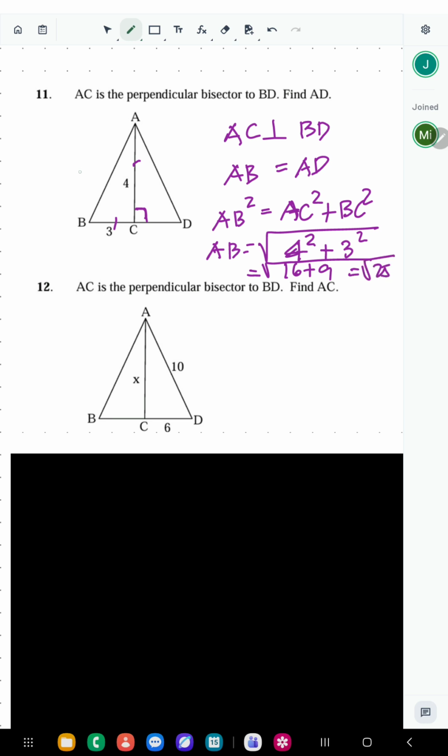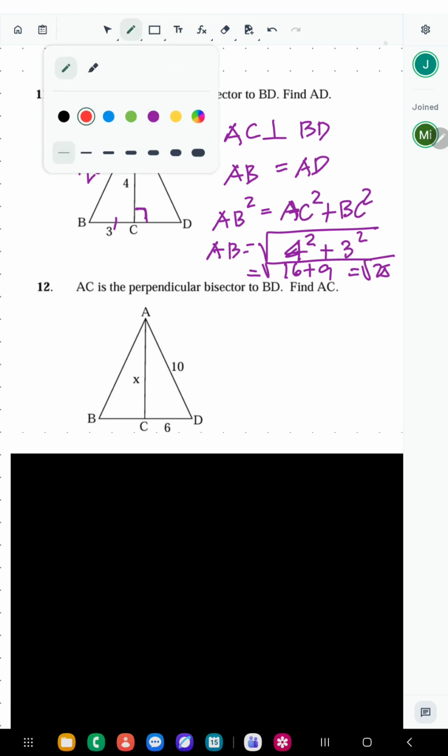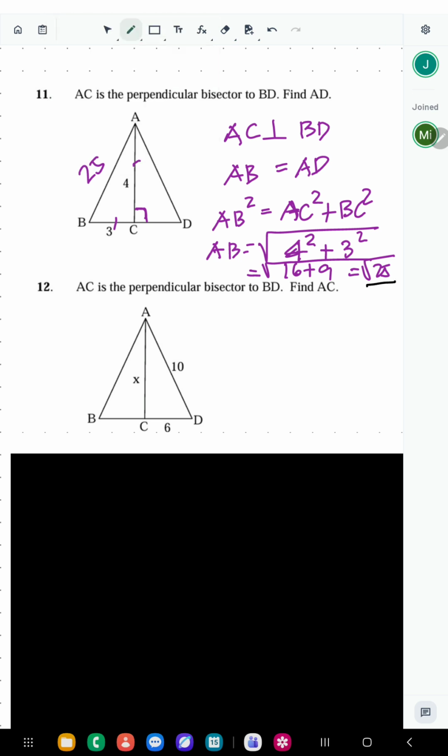Therefore, AB is equal to 25. Did you get the same answer? Alright, and 5 because this is square root of 25. Sorry, it's 5. And AB is equal to AD, so that is 5.